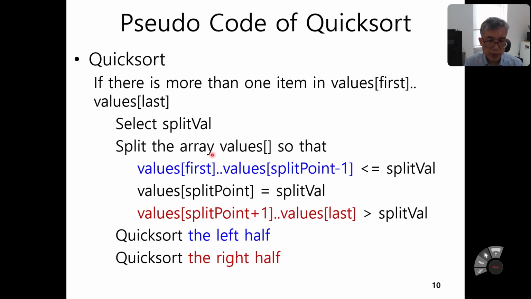So split the array values so that values first through values split point minus 1 are less than or equal to split value, and the value at split point is equal to split value. The second partition, values split point plus 1 through values last, are arranged so that these values are greater than split value. After this split is performed, we can call quicksort on the left half array and quicksort on the right half array.